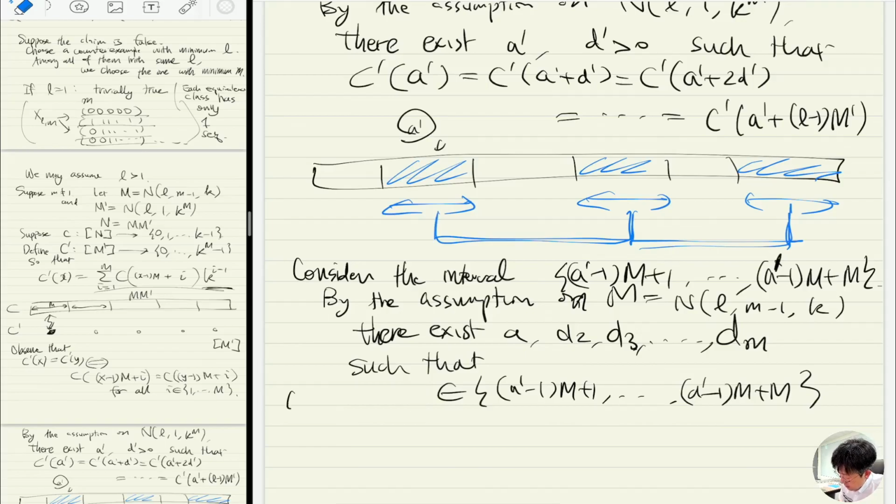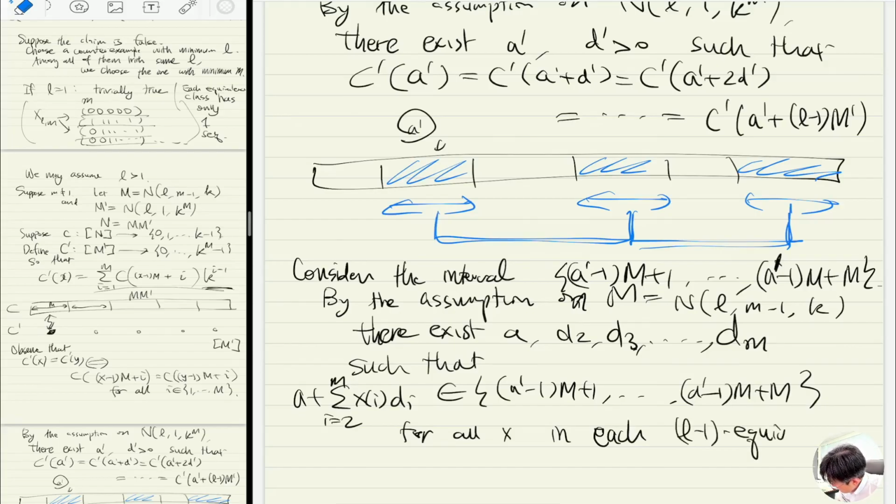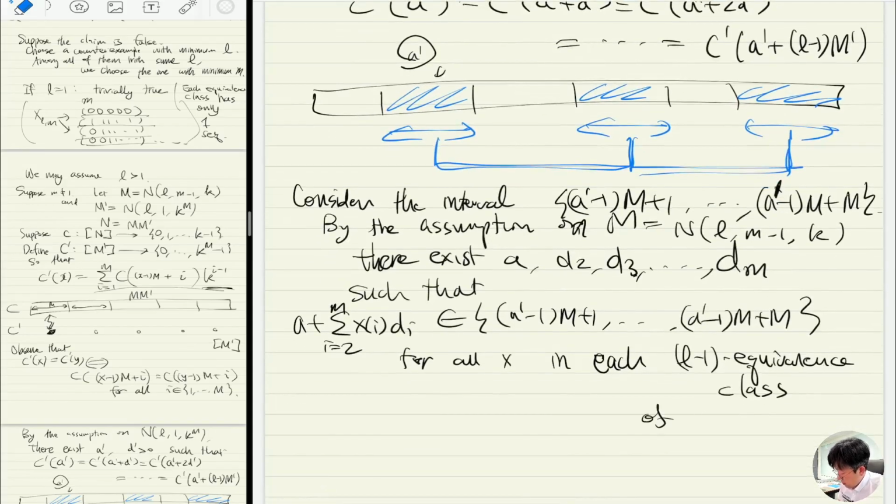I mean not only a but a plus the sum of xi di, for all x in each of the L minus 1 equivalence classes of 0, 1 up to L to the M minus 1.